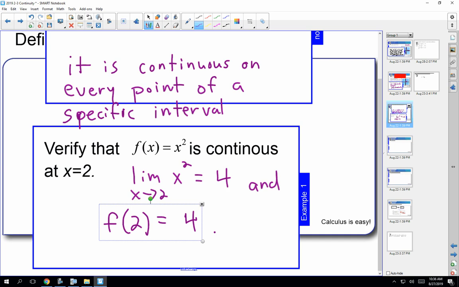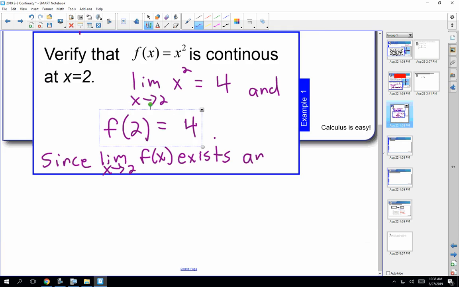Then we'd make a statement: since the limit as x approaches 2 of f of x exists, and the limit as x approaches 2 of f of x equals f of 2, f of x is continuous at x equals 2.